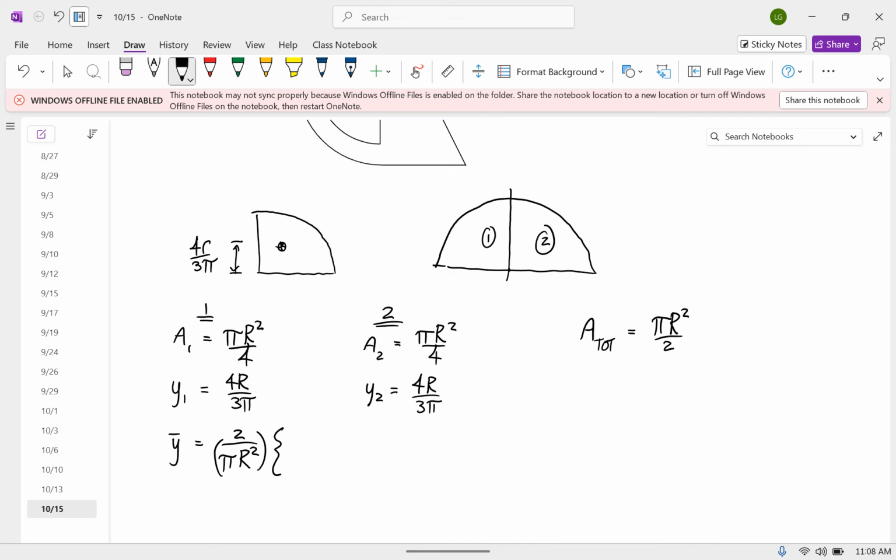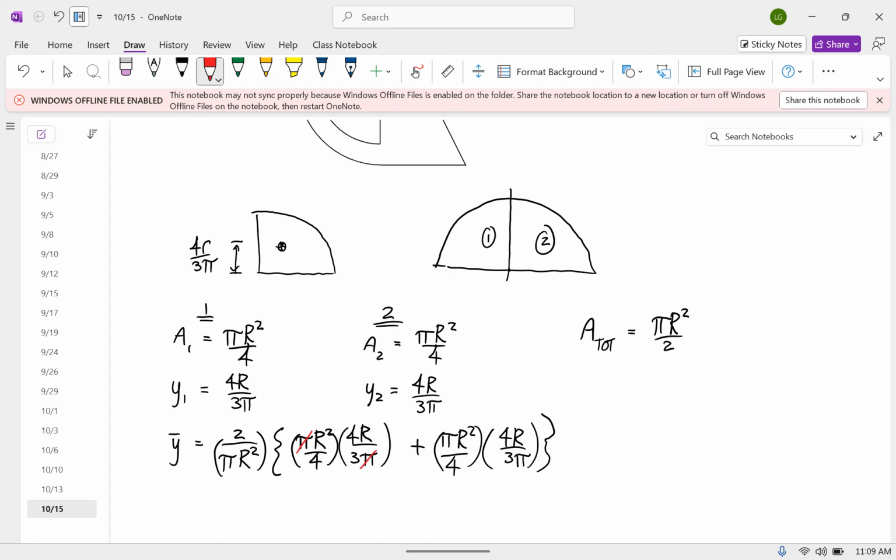times the area of the first one times 4r over 3 pi, plus the area of the second one times its centroid 4r over 3 pi. And let's see, you get a bunch of cancellations.